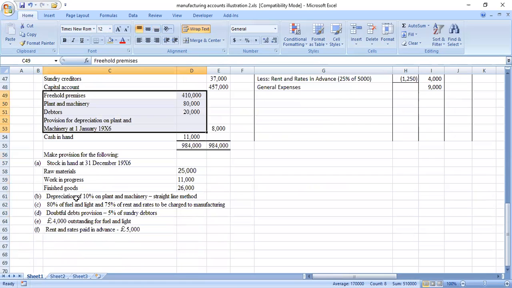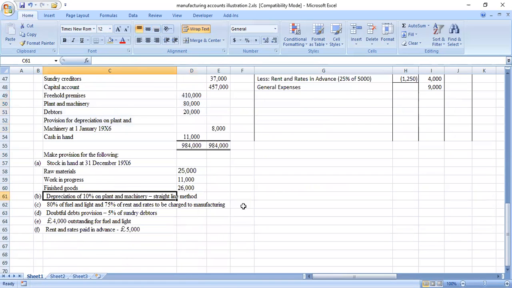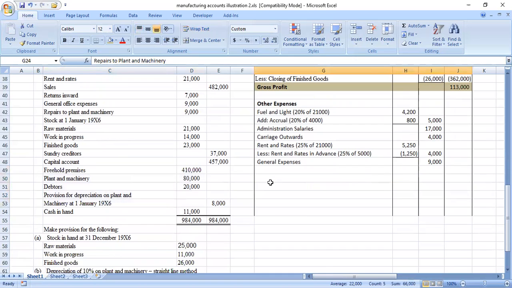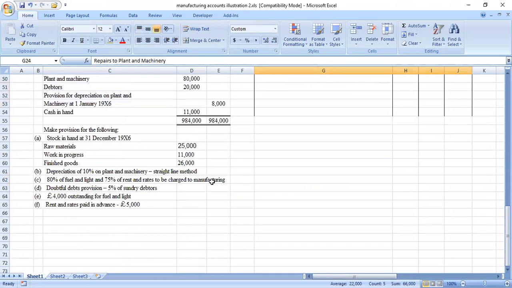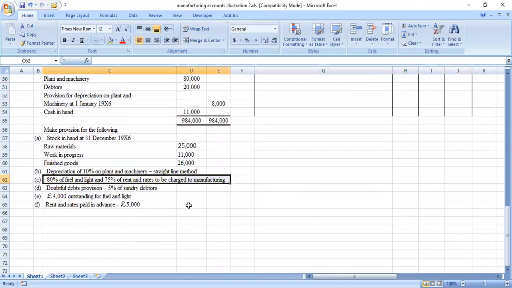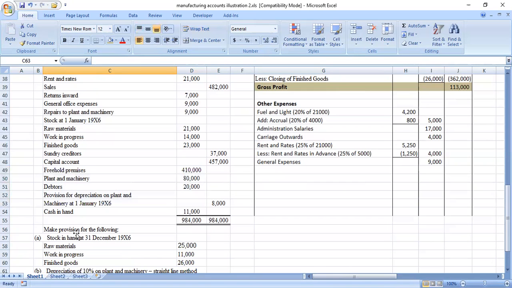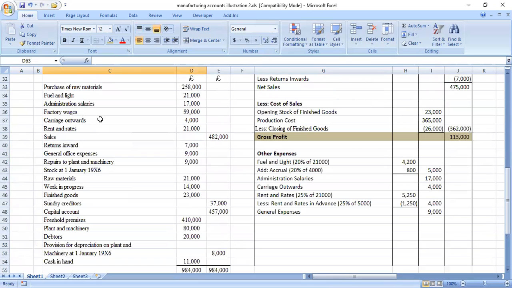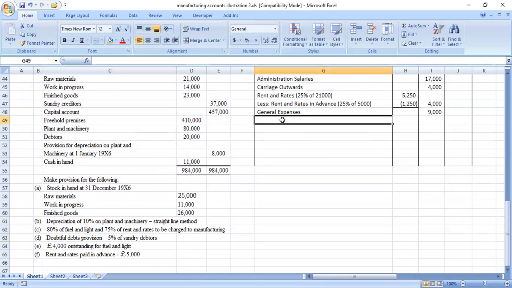The other expense that we have in the additional information, depreciation on plant and machinery, we have already placed it in the factory overheads. The 80% and 75% of rent and rates, that's already captured. So the other item that is remaining is doubtful debts provision, which should be an expense if it increases. In this case, it's an increase because we had not been given any doubtful debts from the beginning. So doubtful debts provision, being an increase in our case, should be treated as an expense.